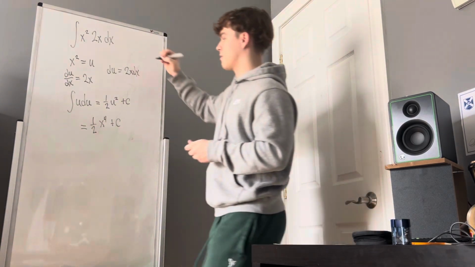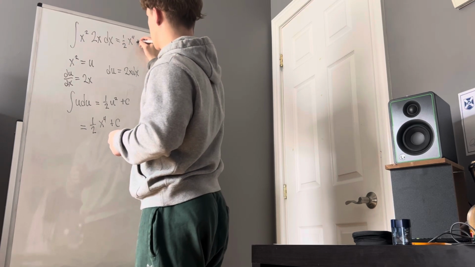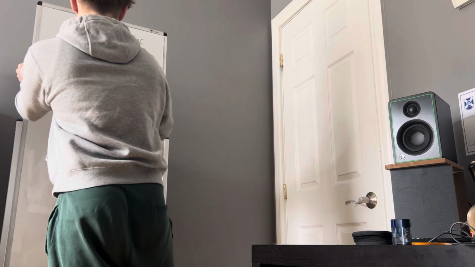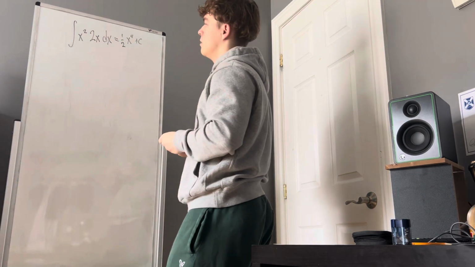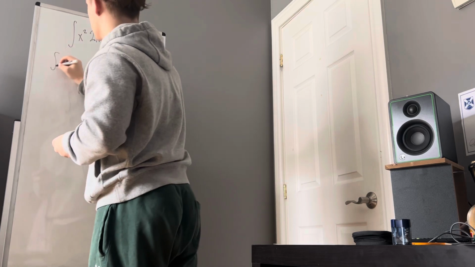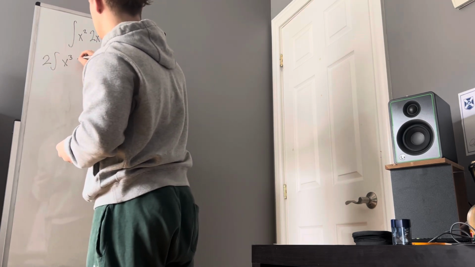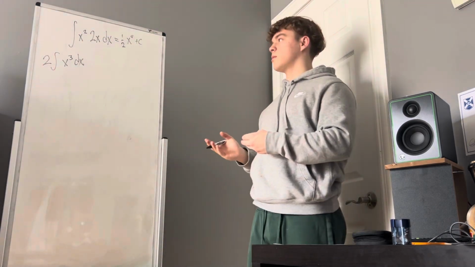Let's double check. What if we just multiplied these together? Well, we would get the integral of 2 times x cubed dx. You can always take this constant out. We know that from our sum notation.